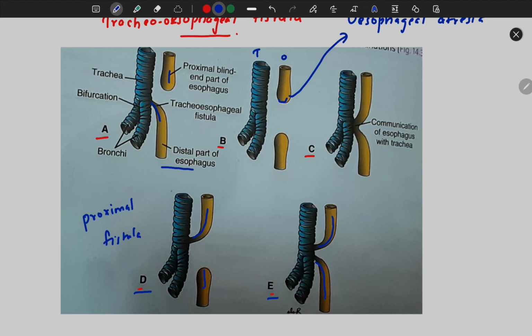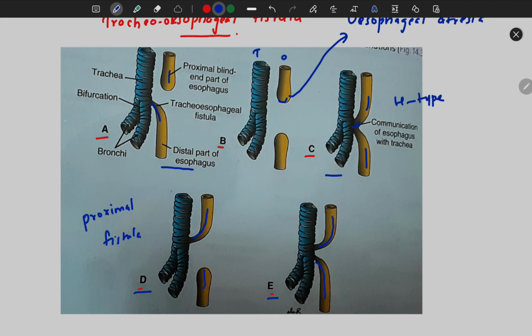Whereas in this type the esophagus is communicating with the trachea through a common channel, and it is like an H shape. That's why it is also called H type.